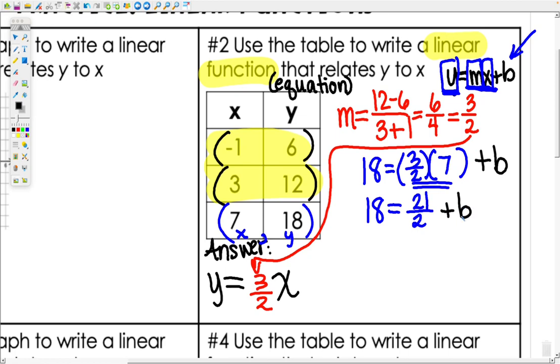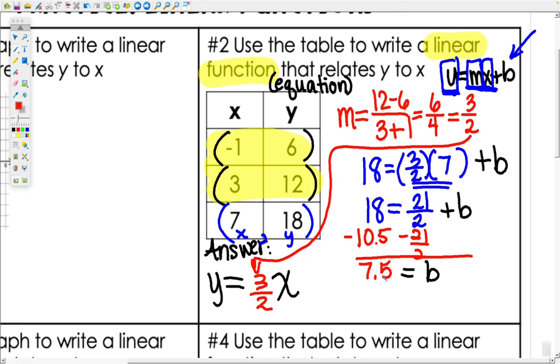What do I do to move this over? Thank you. You can subtract 21/2, or you can subtract it as 10.5, because they're the same thing, you understand? The 21/2 that I have here is the same thing as 10.5. When you do so, you're gonna have that your b equals what value? That's right.